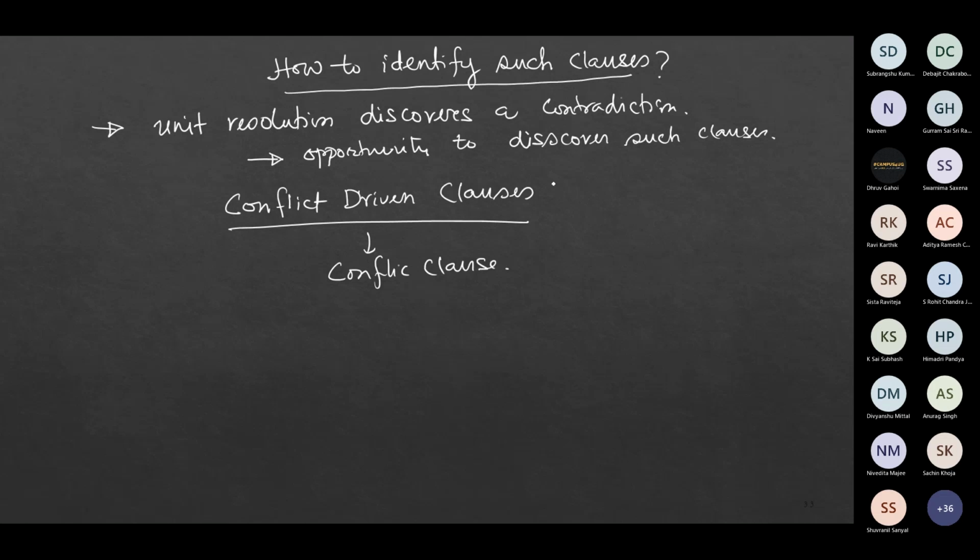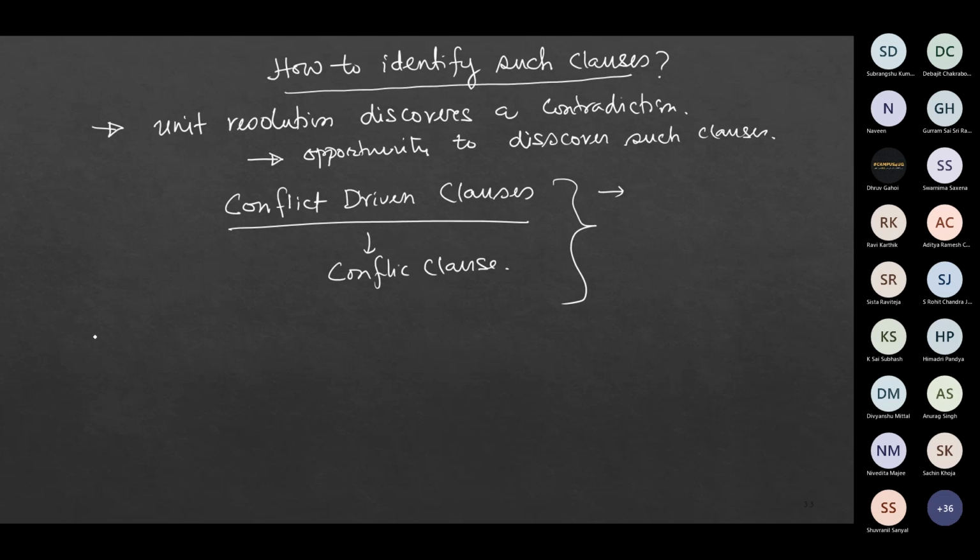Now, what is the motivation we have? The motivation is that if we add these conflict-driven clauses, these learned clauses, then this will allow unit resolution to detect contradiction earlier.